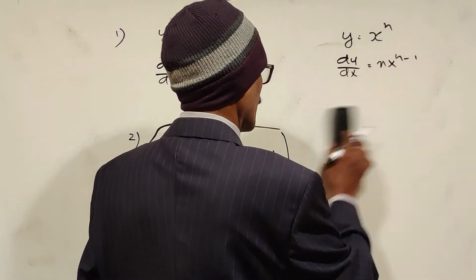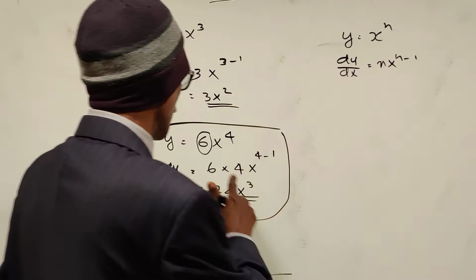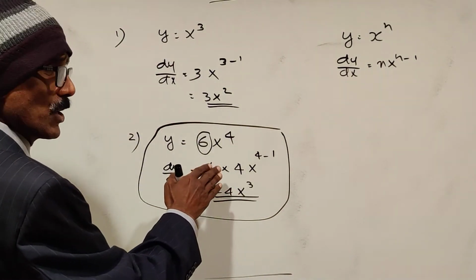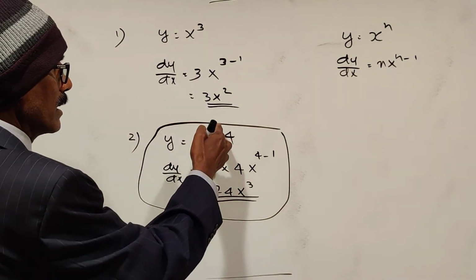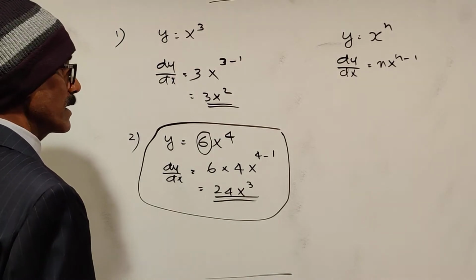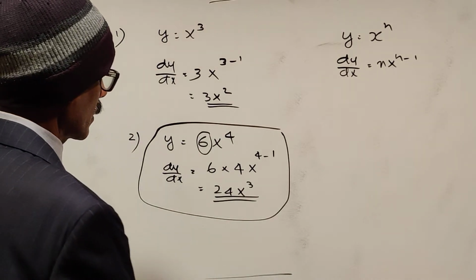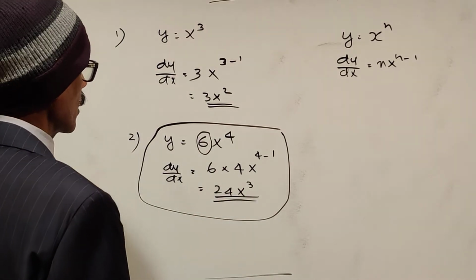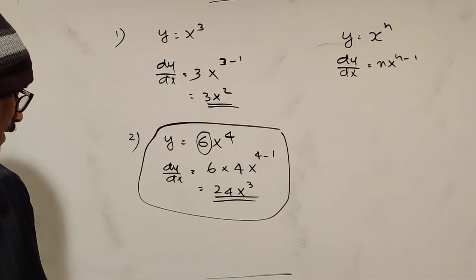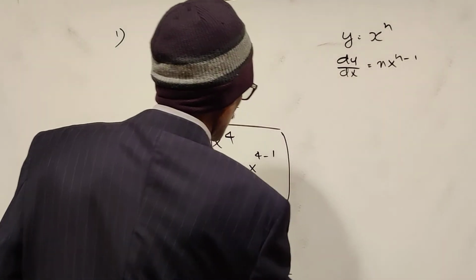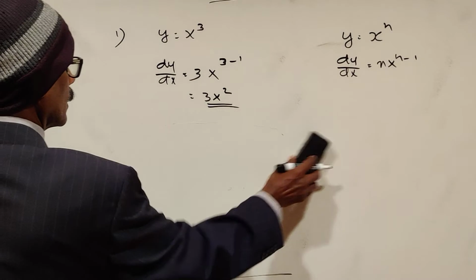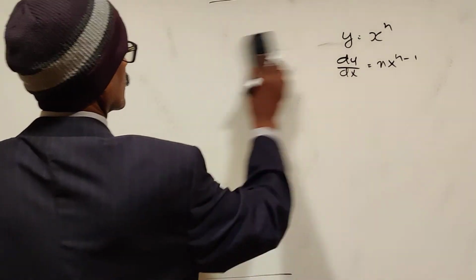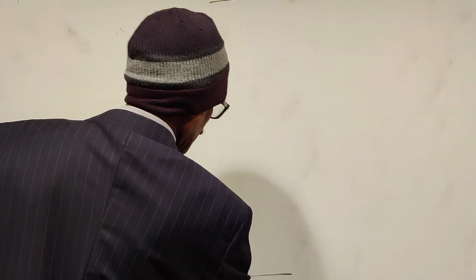Just leave the first function, you don't need to do anything, then differentiate the second function. That is the easiest method. 24x raised to 3. So this is the second answer. I am going to erase everything. The next one.